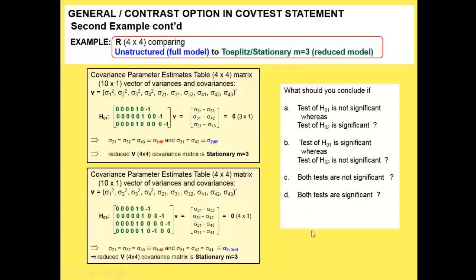So I don't have evidence to reduce the model below unstructured. It doesn't mean that there isn't another structure that I couldn't test. But if both are significant, I can't use a simpler R structure than unstructured. At least I don't have evidence from these tests. So that's what I'm trying to tell you what you can do.